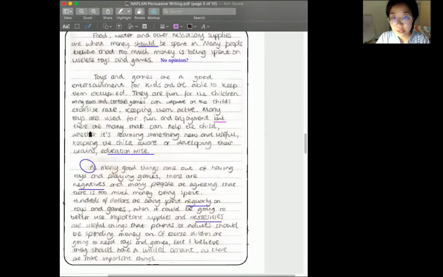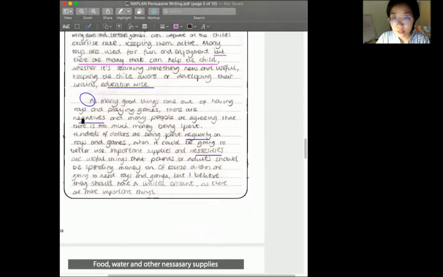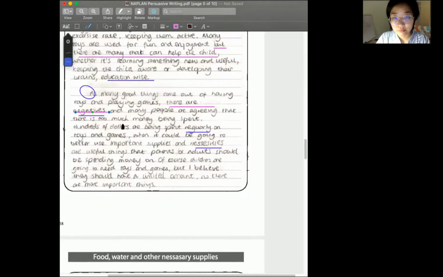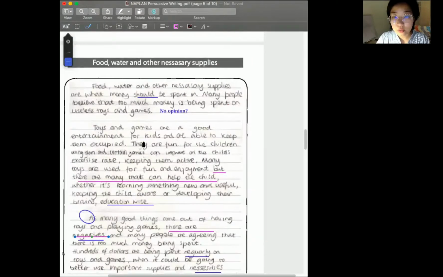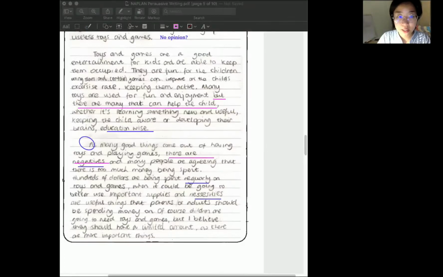"But there are many that can help the children." So games can help children, but there are negatives. Right, so there are good ones, but there are negatives as well. So it's an example of using an authority statement. I'm not going to write it; you can write it over here in the blank space.